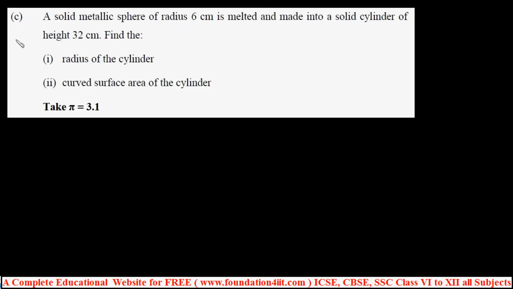In this question, a solid metallic sphere of radius 6 centimeters is melted and made into a solid cylinder of height 32. That means the cylinder volume and sphere volume are both equal. So if you take the cylindrical shape, the volume of this cylinder is exactly equal to the volume of the sphere, right? And this cylinder's height is 32 centimeters.